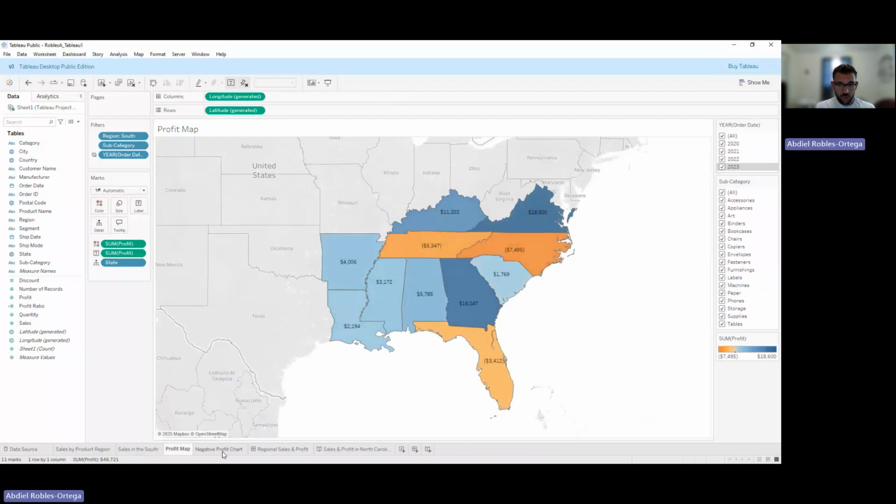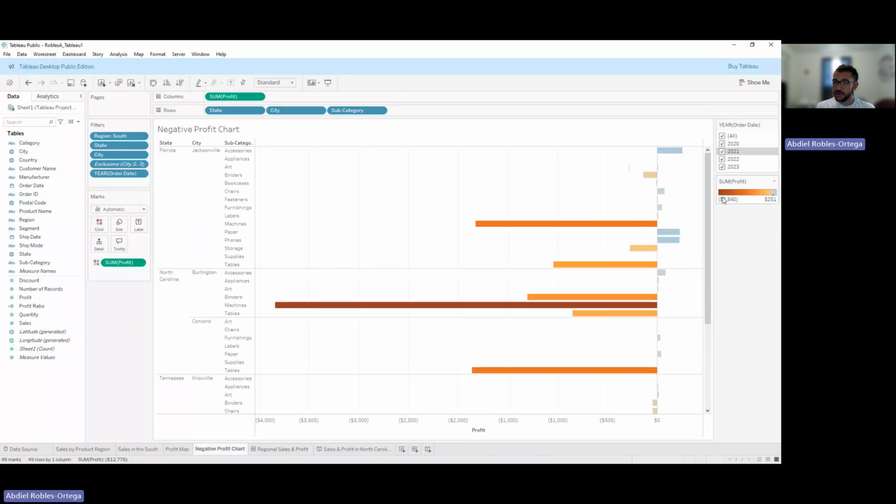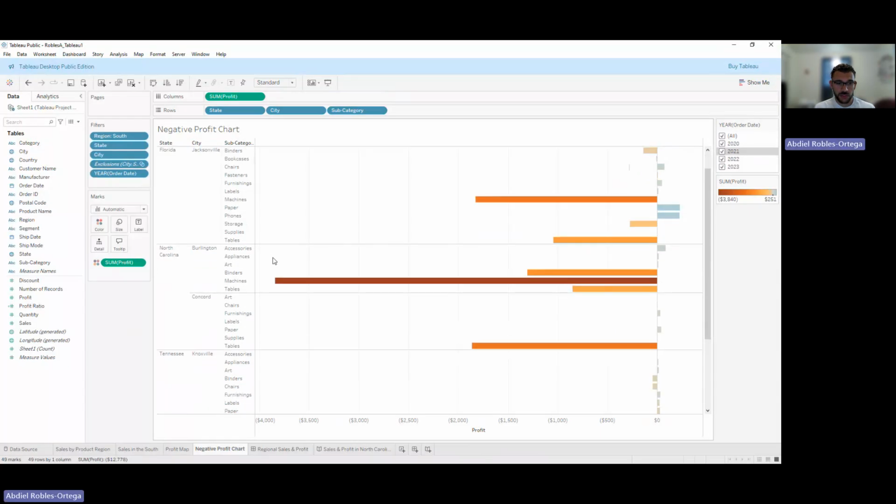Moving on to the negative profit chart. Here we can see which cities in certain states have seen the most negative profits. If we go over here to Jacksonville, Florida, we can see how machines again have seen negative profits, tables as well. Over here, in Burlington, North Carolina, we can see how machines have seen a negative profit.